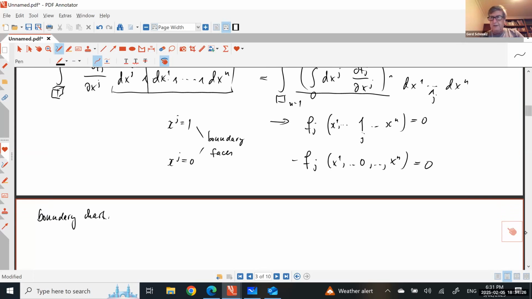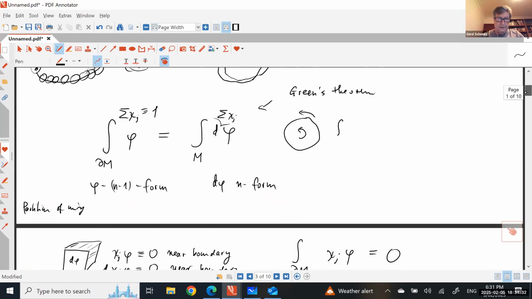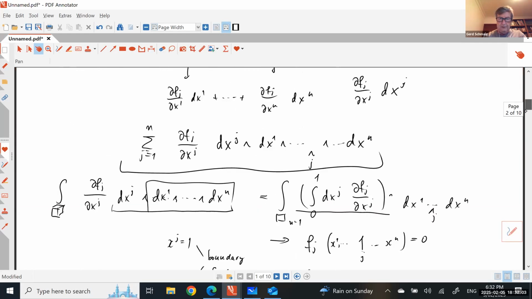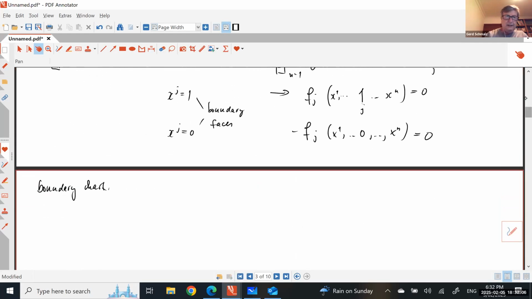So basically, this shows us that for this integral, where we integrate over the whole manifold a differential of an n-1 form, a very special n-form, which is the complete differential of an n-1 form, it turns out it only matters what is near the boundary, because what is not near the boundary can be taken out.